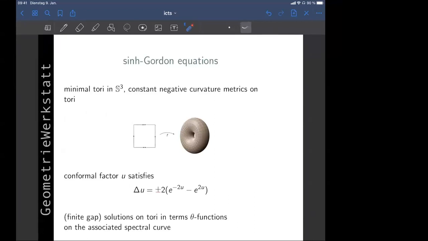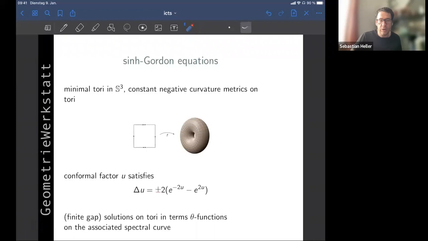So you start at the torus of any conformal type, and you have the flat metric, and then you look for metrics which are given by g equals e to the 2u times the flat metric on the torus, and then you can produce examples where the metric has negative curvature.